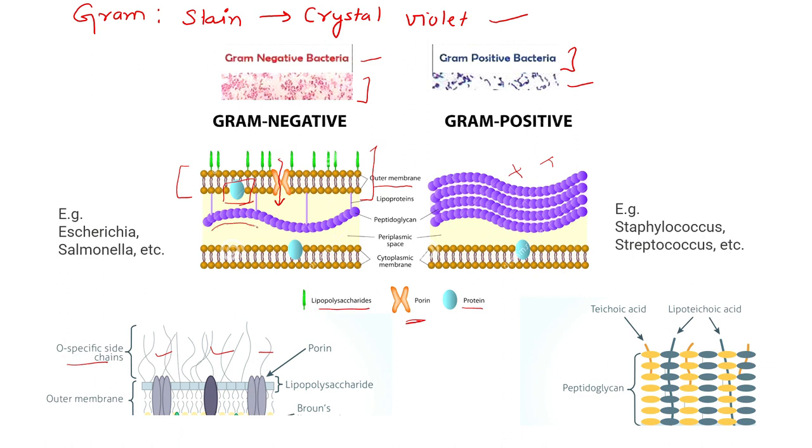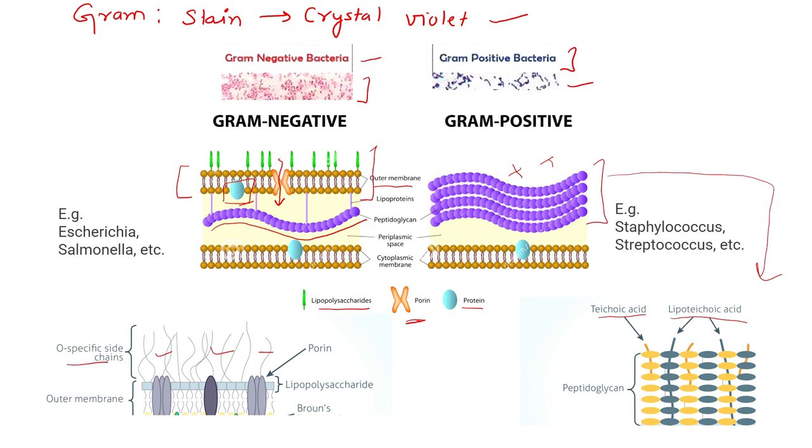The second difference is the peptidoglycan layer. Only one layer is present in gram-negative bacteria, while you can see multiple layers of peptidoglycan are present in gram-positive bacteria. If you further zoom in, you can see this peptidoglycan layer contains teichoic acid and lipoteichoic acid.